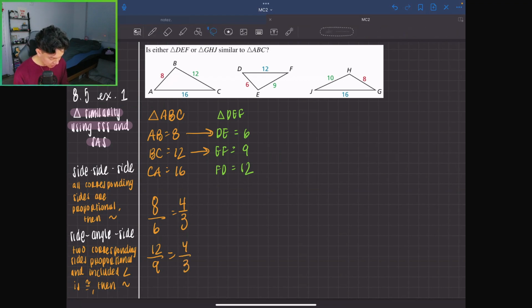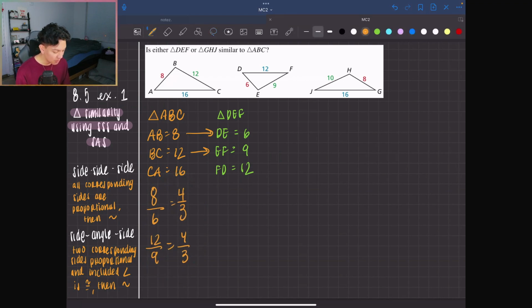Then let's do the last pair of corresponding sides, which is 16 over 12. I notice that 16 and 12 are both divisible by 4. 16 divided by 4 is 4, and 12 divided by 4 is 3. And notice here, they all have the same proportion, which is 4/3.